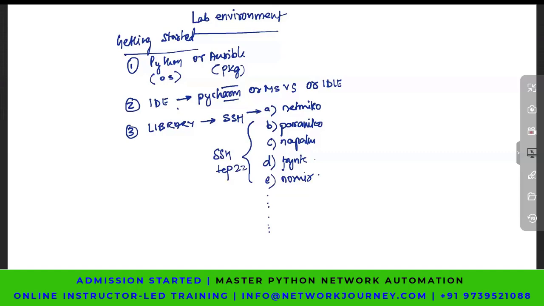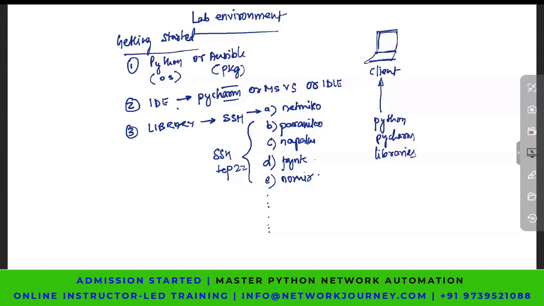So let's say once you have the needful files over on your client machine. So this is a client machine. Over here, you have put all the needful. You have Python, you have PyCharm, you have the libraries, right?